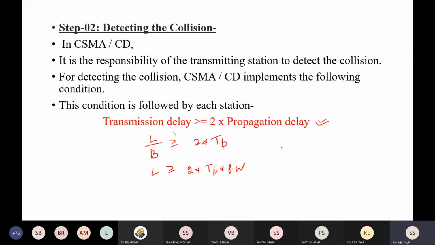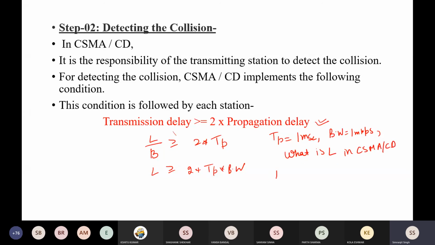Now suppose I take TP as 1 millisecond and bandwidth as 1 Mbps. Take 1, 2, I don't care. Now I want to find the minimum length of the data packet in CSMA/CD.